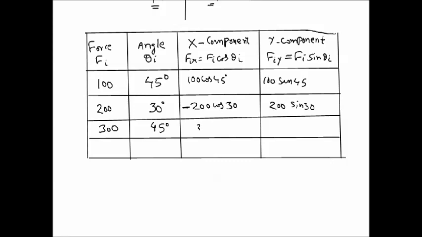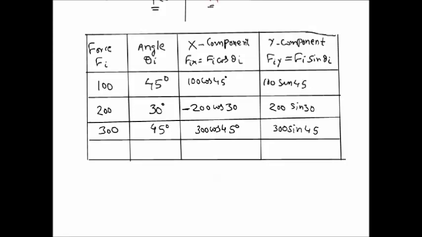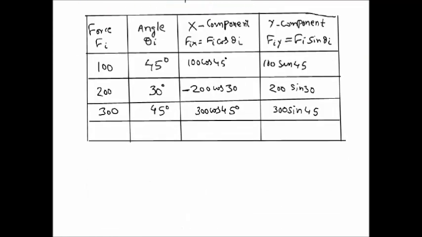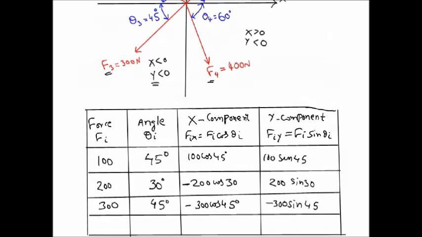So you have 300 cos 45 as the x component of force F3, and 300 sin 45 as the y component of force F3. Note that this F3 is in the third quadrant, so both x and y components should be negative. We put a negative sign here, and a negative sign in front of the y component.